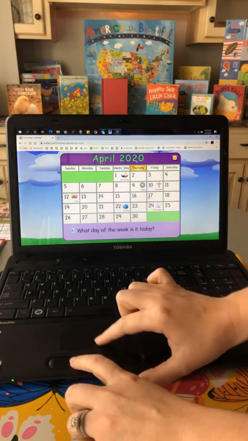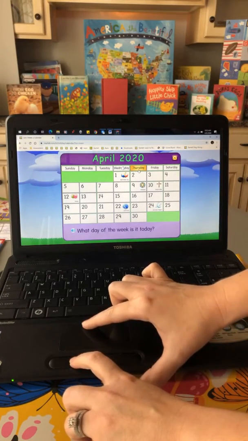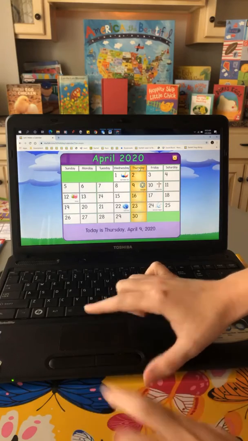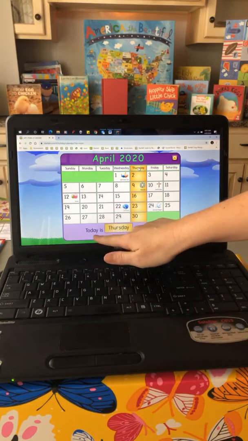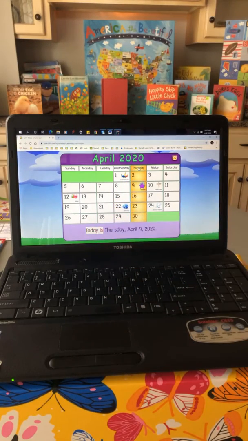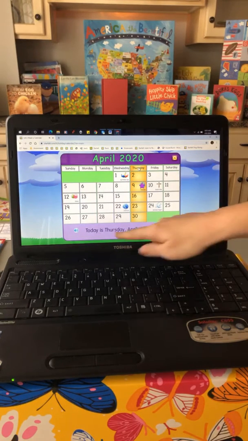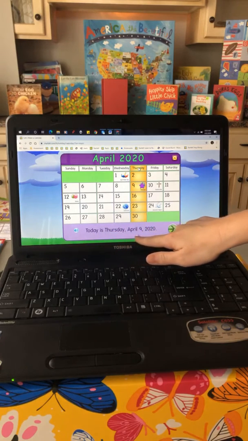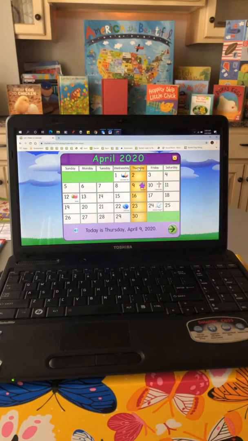Okay, let's click our Thursday and we'll read our sentence at the bottom. Great job! Today is Thursday, April 9th, 2020. Before I click the arrow, can you practice reading this sentence at the bottom so smoothly and fluently?